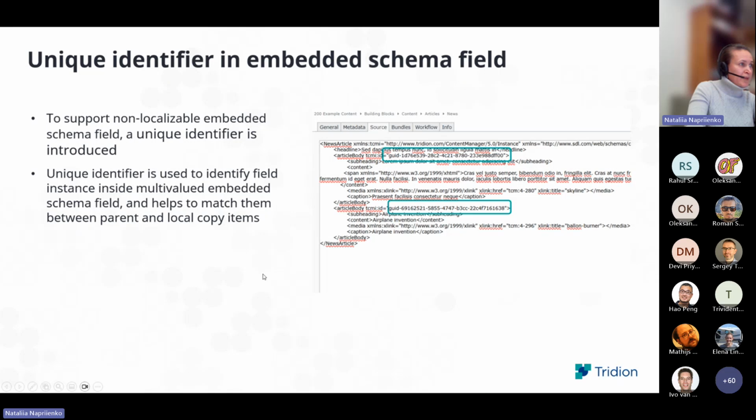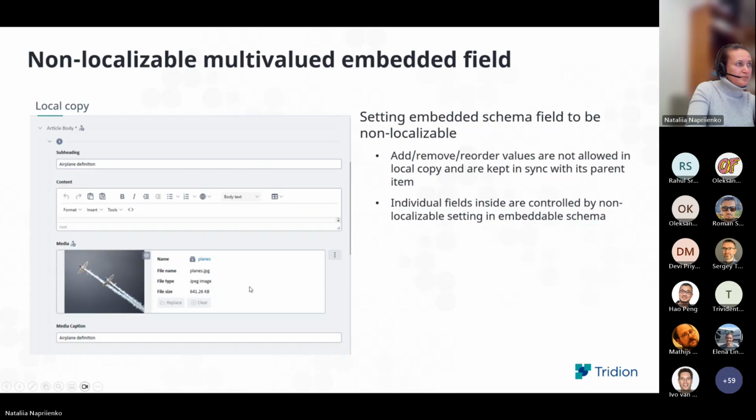Each field instance will get this unique identifier, and we can easily match them between parent and local copy items. If you make the entire embedded schema field non-localizable, then in the local copy you cannot add, remove, or reorder values. The order is always kept in sync with its parent item.